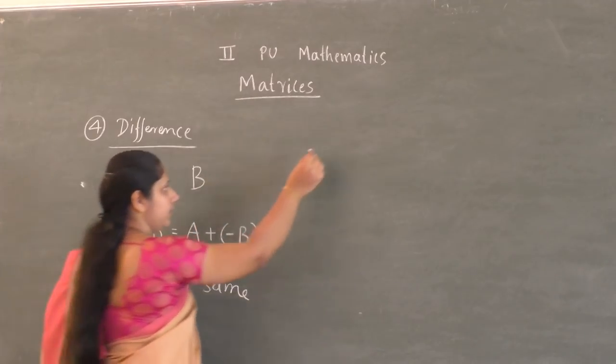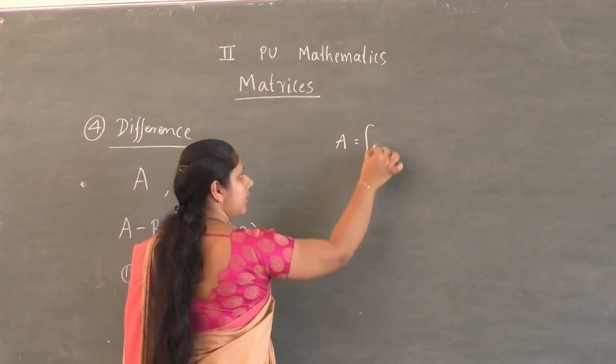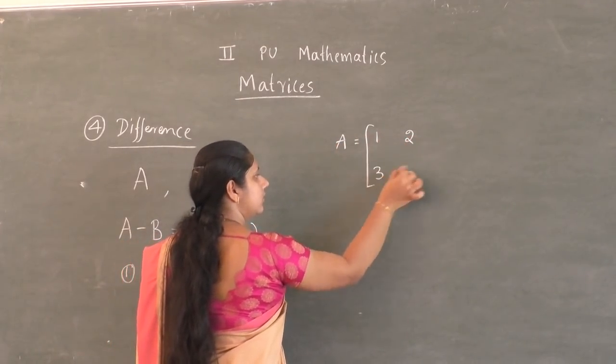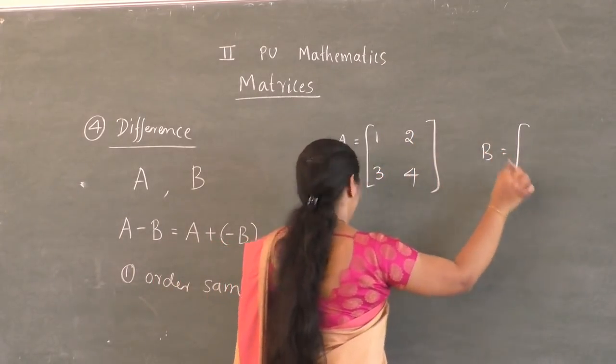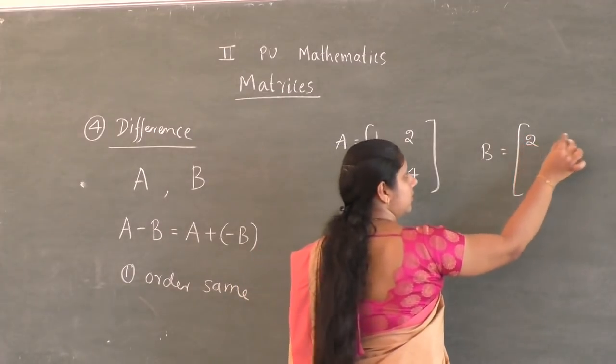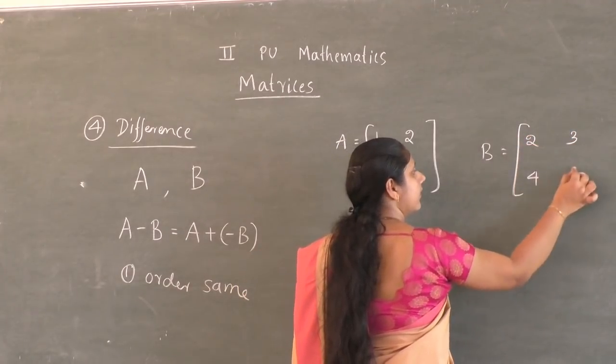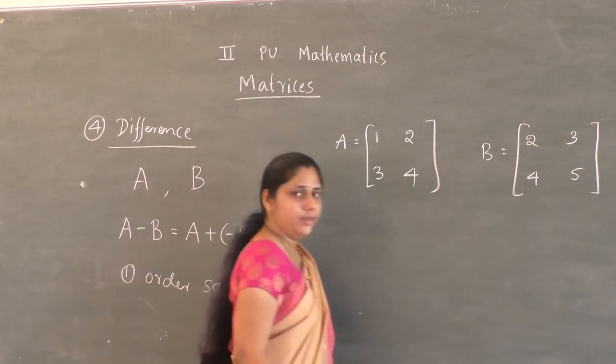For example, if A is 1, 2, 3, 4 and B is 2, 3, 4, 5.